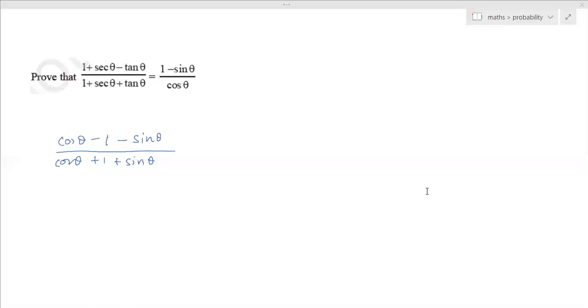How to do, Nivedya? Ma'am, in one's place we can substitute it by sec square theta minus tan square theta.